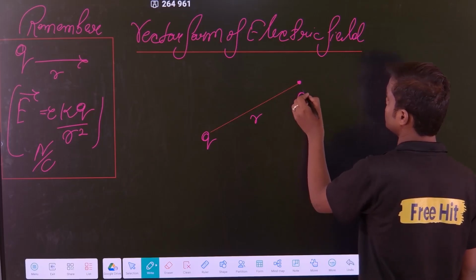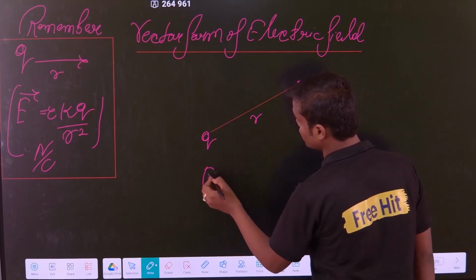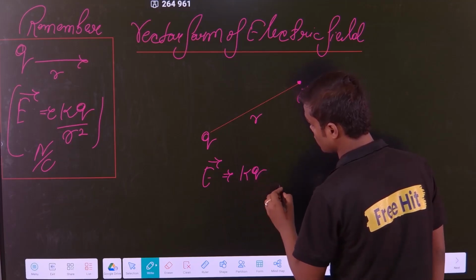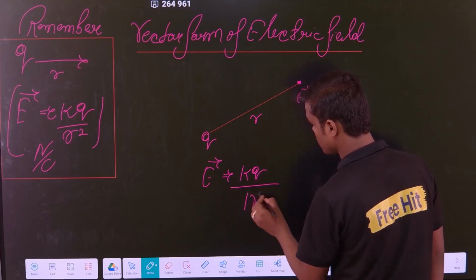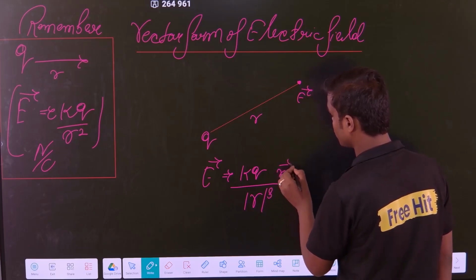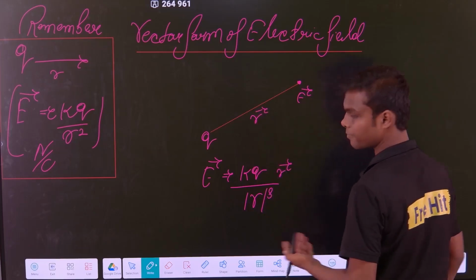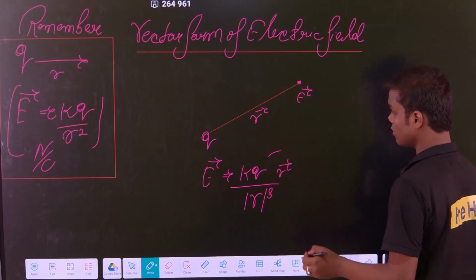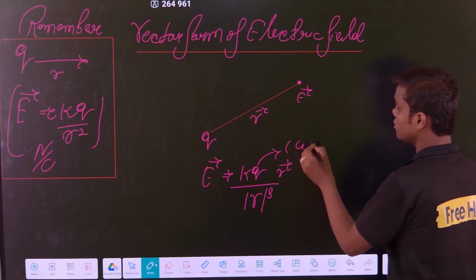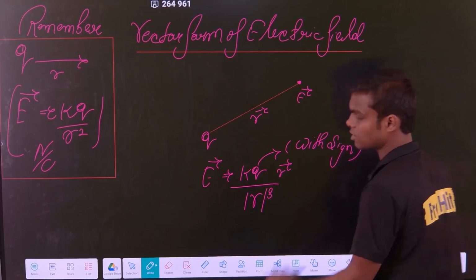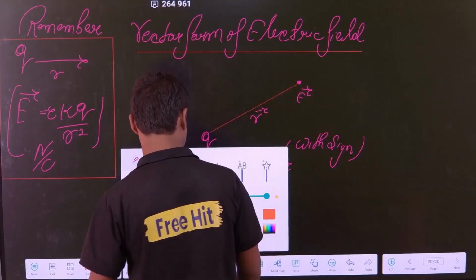What is my E vector? So simply you have to write, E vector is equal to KQ upon mod of R cube into R vector. Clear? Simple. And you have to put Q with sign. Simple. Clear? So that is the conclusion for this thing.